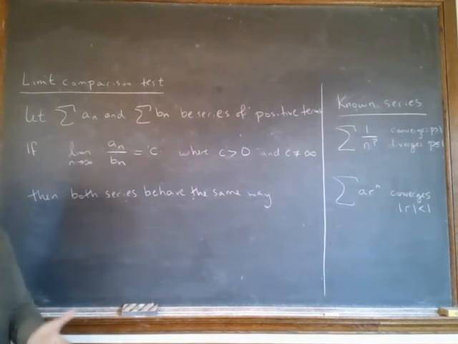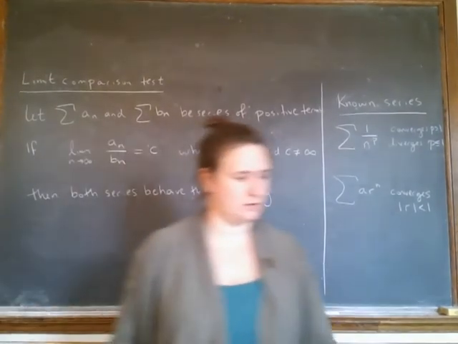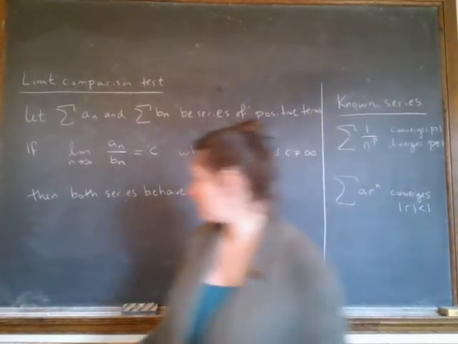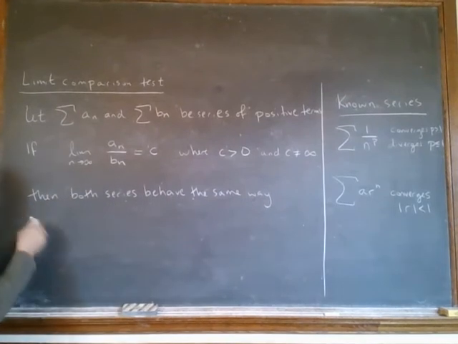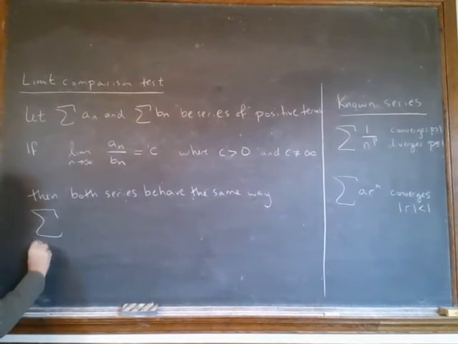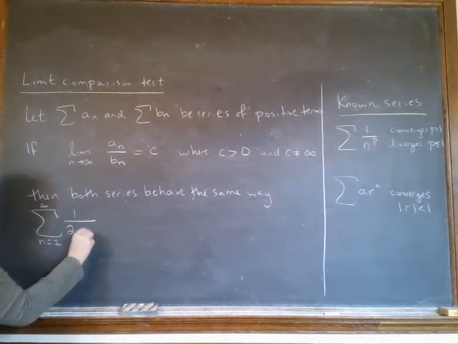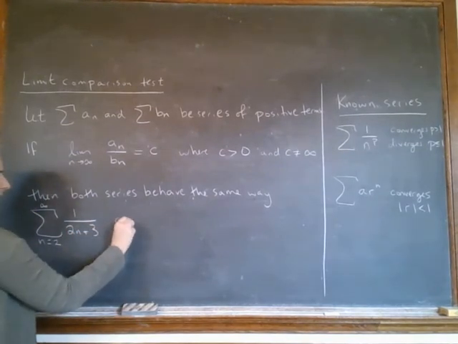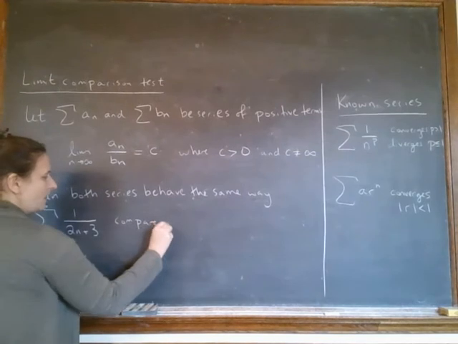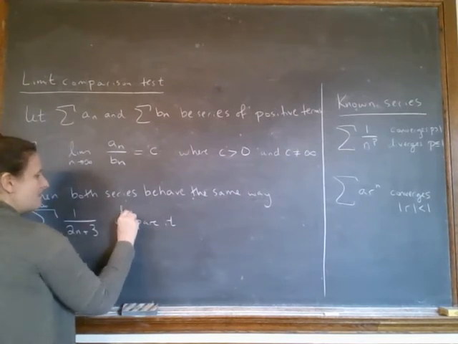So, for the example that we had, which I lost which one it was. What was it? 2n plus 3? We can do it very easily. We're going to compare it. Limit compare.